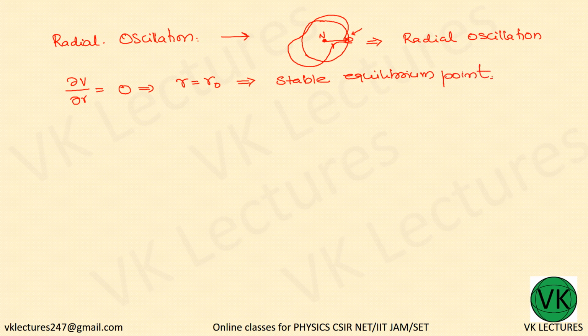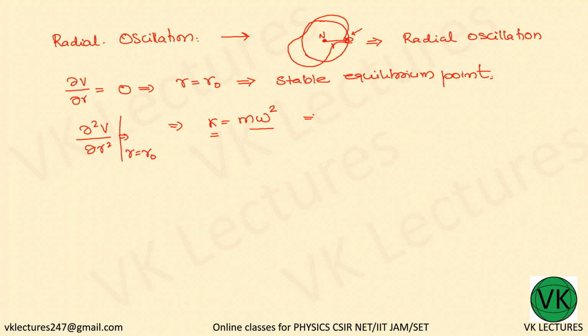Now dou square V by dou r square is checking whether it has some oscillation or not. So dou square V by dou r square at r equal to r naught gives k, which is equal to m omega square.